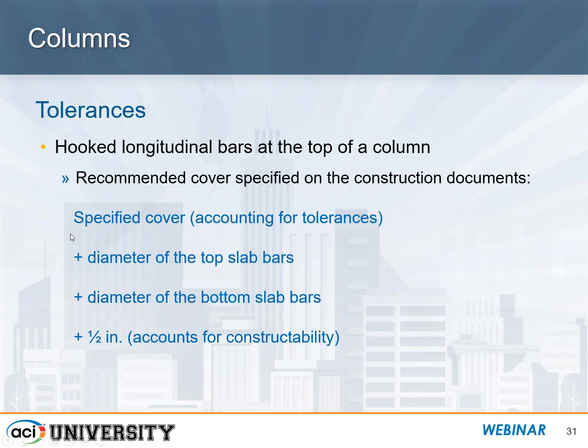So we could take 1.5 inches, add a little for tolerances, whatever you thought might be appropriate. Then we've got the top and bottom bars in the slab that we've got to add to that. And then on top of that, even add another 1/2 inch to account for constructability.